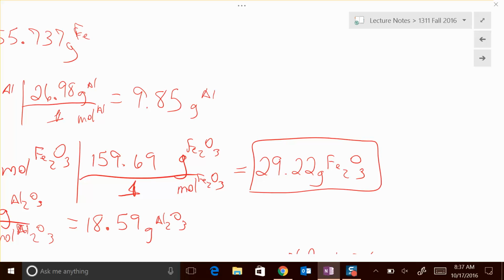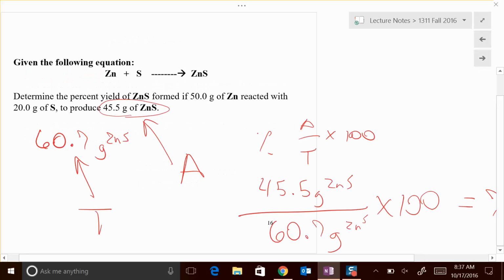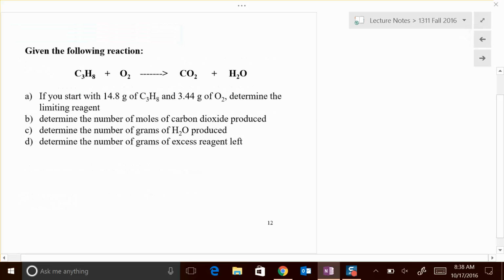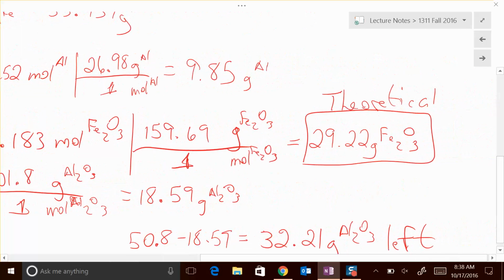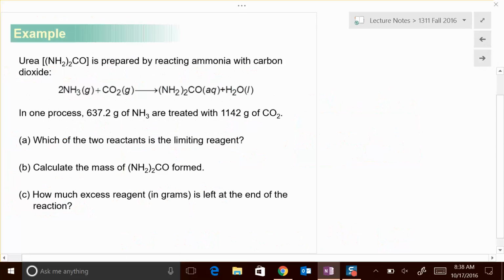That's how much we theoretically produced. This is our theoretical. Okay, so we're going to take that theoretical, 29.22.